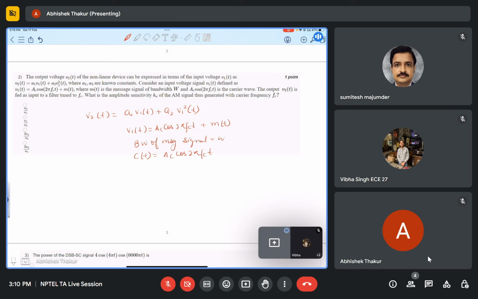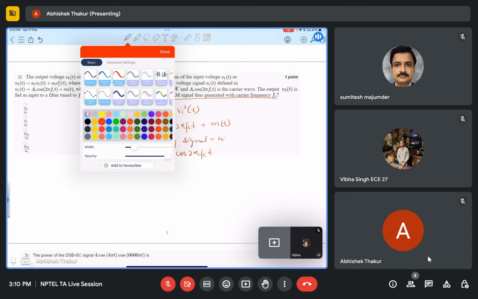Now it is asking: the output v2(t) is fed as input to a filter tuned to fc. What is the amplitude sensitivity ka of the AM signal thus generated with the carrier frequency fc?